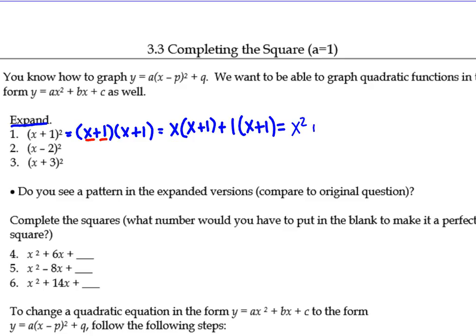If you learned FOIL, you might find that a lot simpler. So FOIL, we multiply the first, we multiply the outsides, then the insides, and then the last two.